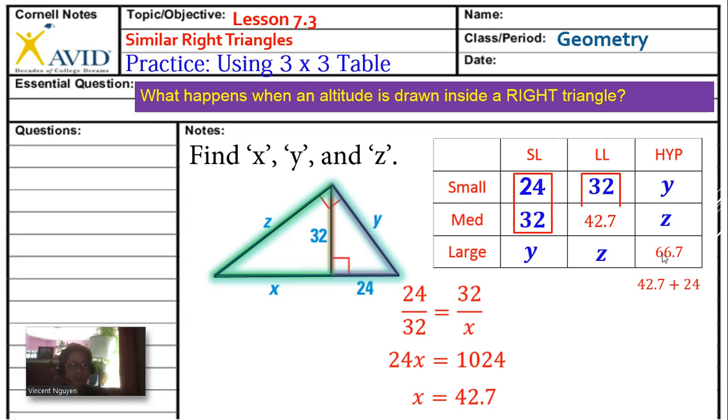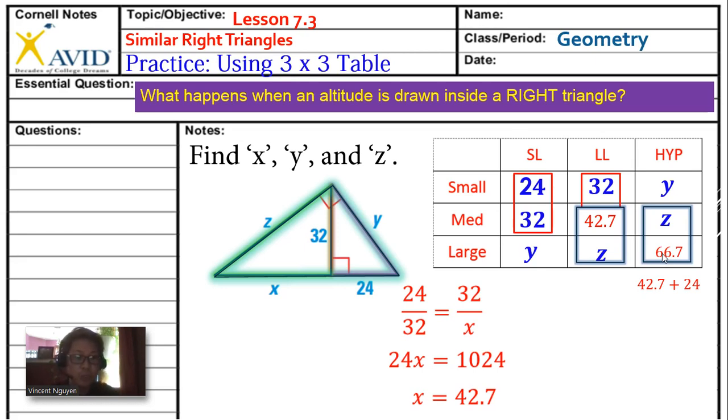So that's why you want to replace all the variables in your table with actual values that you have already found, because it's going to help you find the next variable. As you can see here, the z variable can now be found by using those two ratios, right? So if I set up that proportion, I can find my z value.